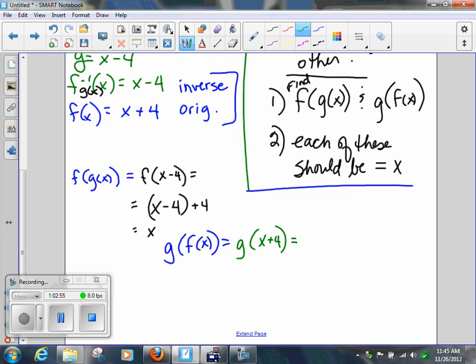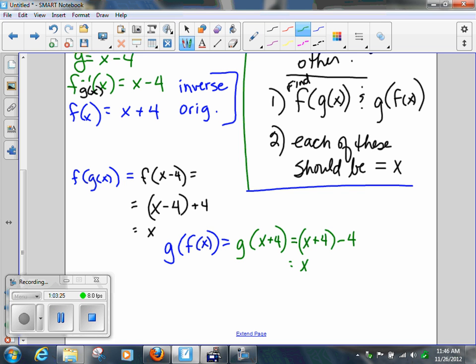Into my g function, which is the quantity x plus 4 minus 4. Process and think about what I'm doing. All this is substitution on steroids, folks. That's all. Combine like terms, what do you get? X. So both f of g of x and g of f of x are equal to x.